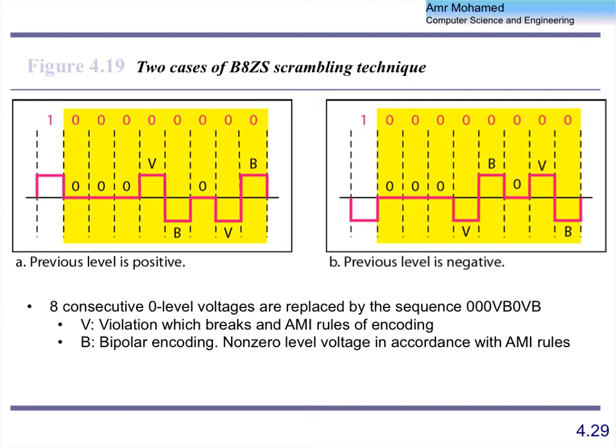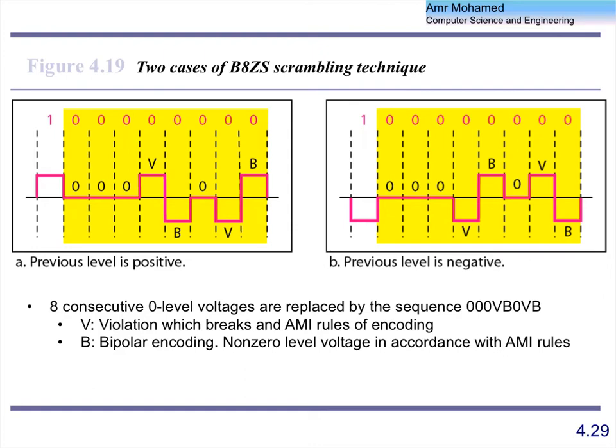It's not the proper rules of AMI. So this way, what I essentially did is that I violated the AMI rule to inform the receiver. I did the scrambling to create some kind of a balance. So this way, I actually enhanced the self-synchronization without adding any overhead.